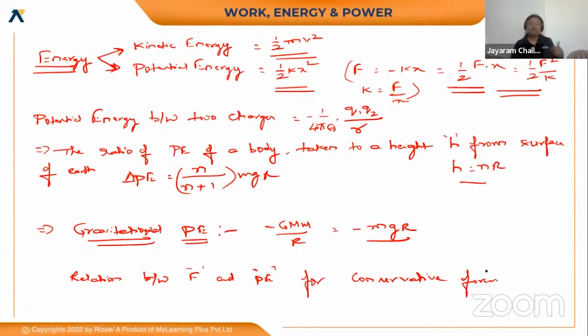The energy is stored in one form, and depending upon the situation, that energy can be transferred to another form. So for conservative nature, it can be written as F equals minus dou U by dou r. This is basically the relation between force and potential energy.